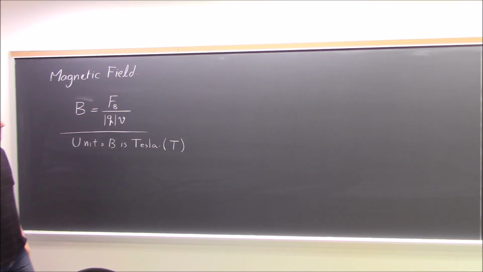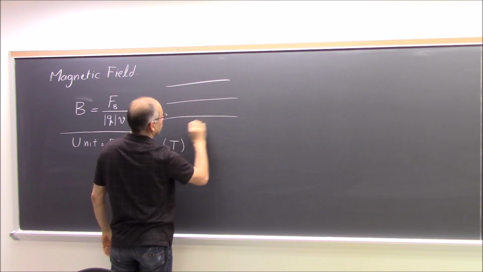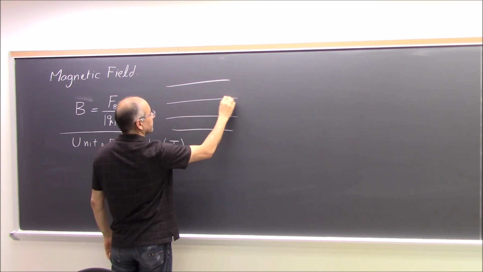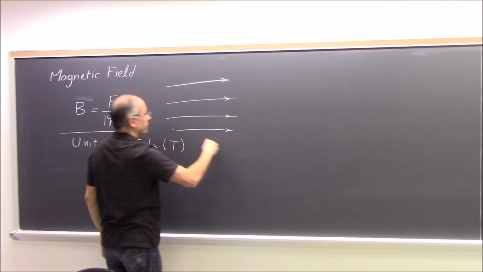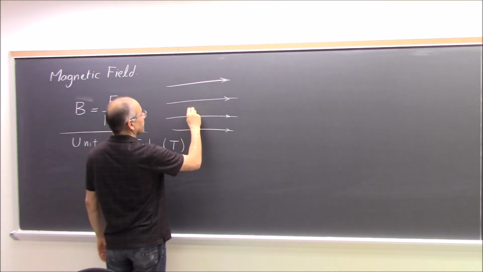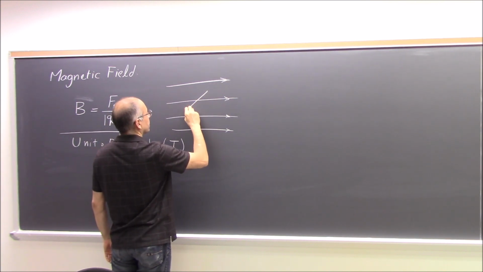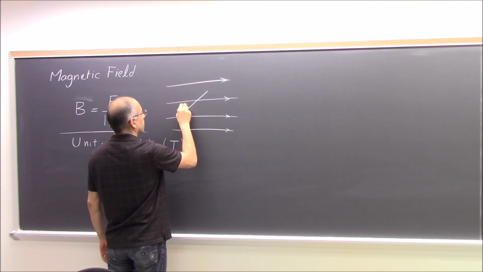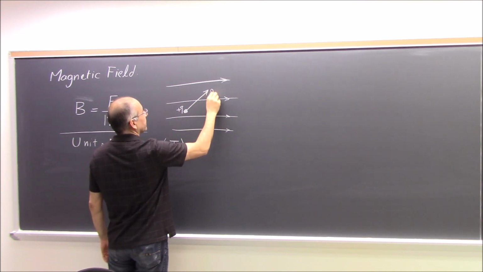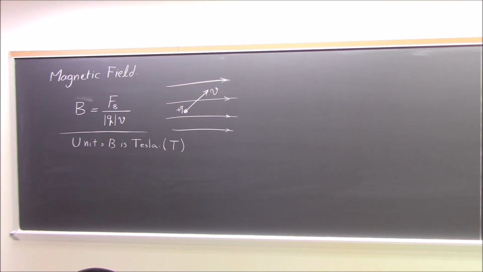If we have a B field in one direction, let's say it's created by some moving charges or currents, and there's a charge that is moving in this magnetic field. Let's say this is a positive charge, this positive Q, and it's moving with this velocity v. It has a force acting on it.